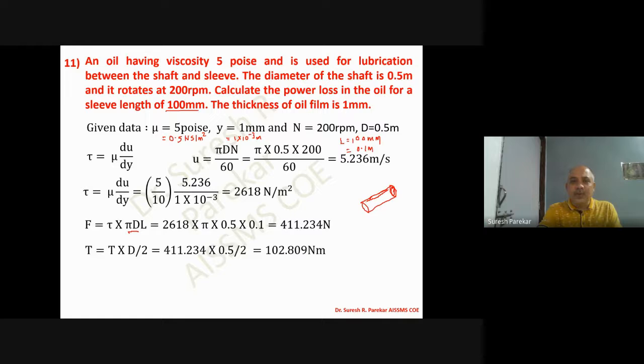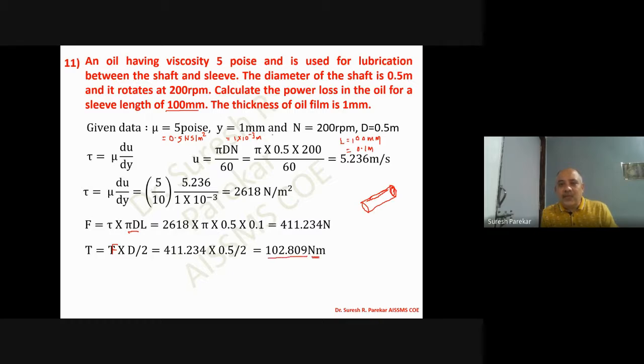And then we have to find the value of T, that is torque, and torque is equal to F into D by 2. So we have this force, and then diameter by 2, and we are going to get the torque as 102.809 Newton meter.